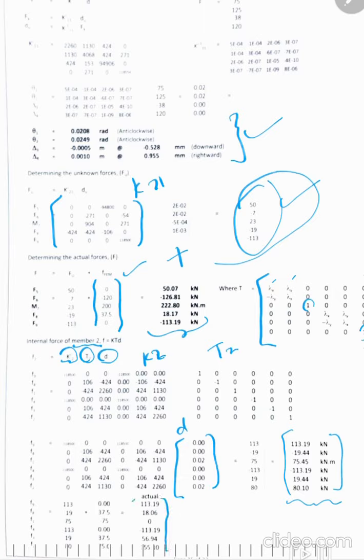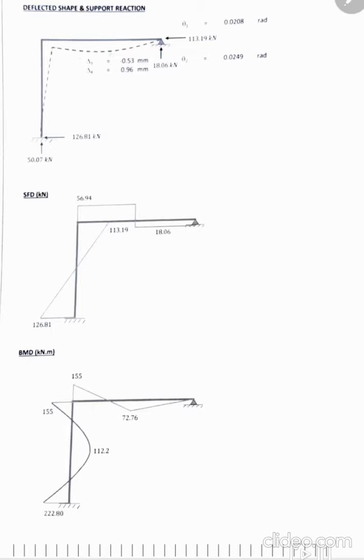This is the actual matrix. You can draw the shear force and bending moment diagram. It depends on the actual forces matrix.